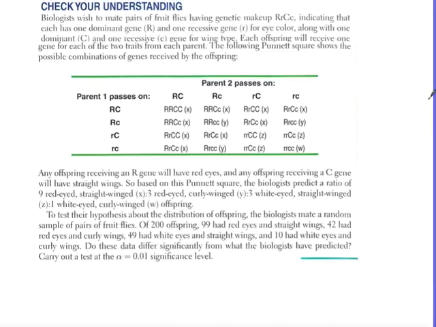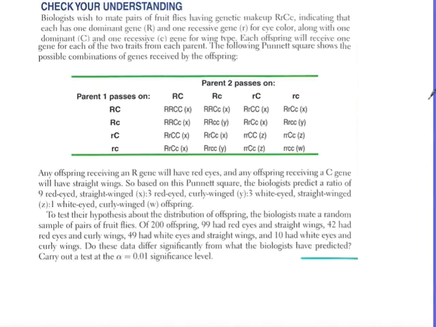So based on the Punnett square, the biologists predicted a ratio of 9 red-eyed straight-winged, 3 red-eyed curly-winged, 3 white-eyed straight-winged, and 1 white-eyed curly-winged offspring.